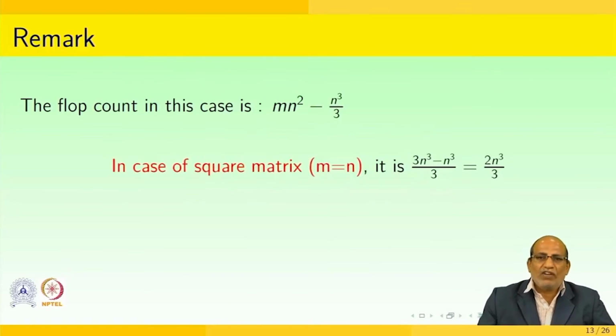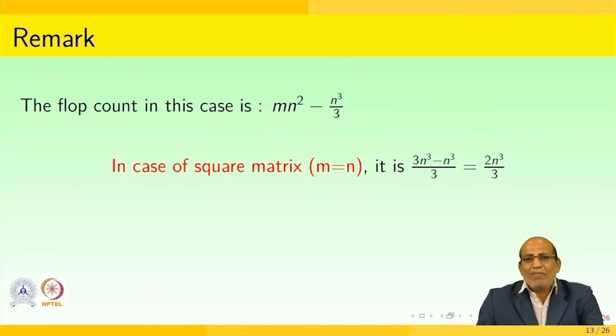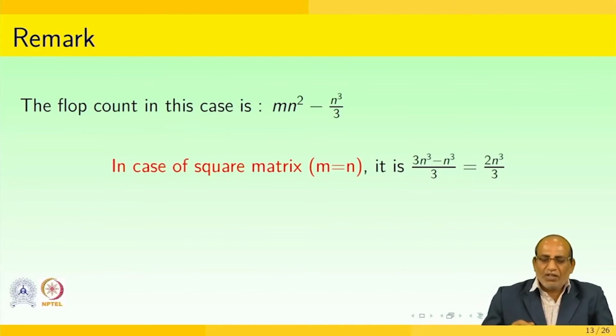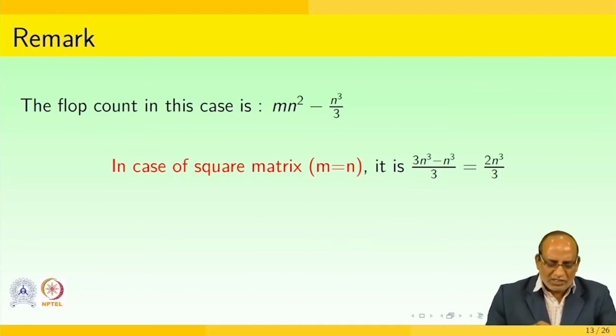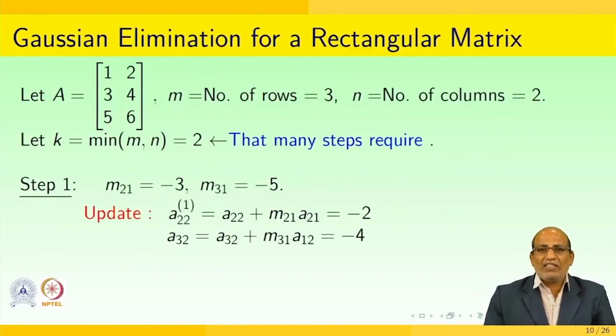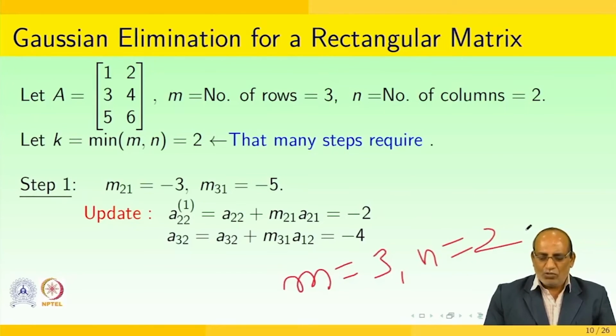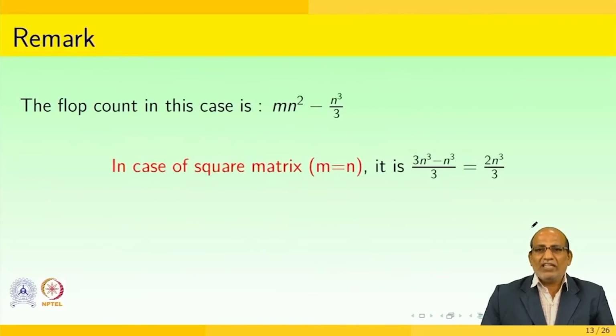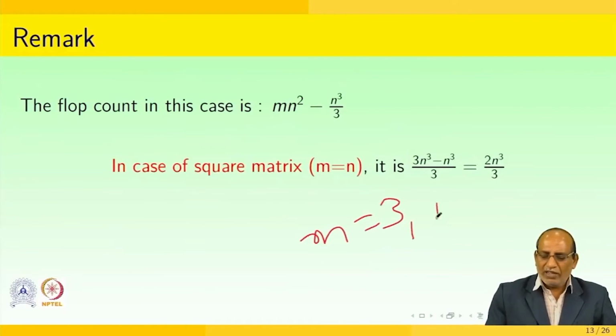Okay, let us go further. What are the remarks over here? The flop count in this case turns out to be mn squared minus n cubed by 3. What are m and n in our case? In our case, m is equal to 3, n is equal to 2.